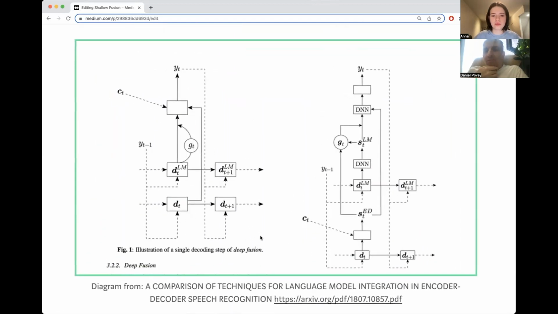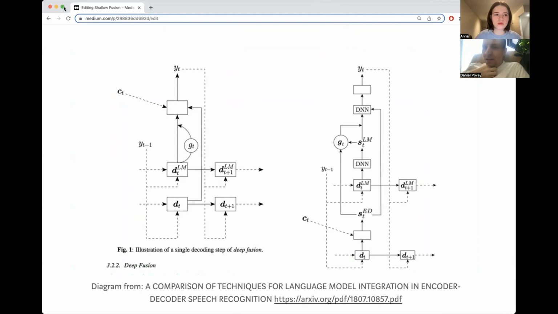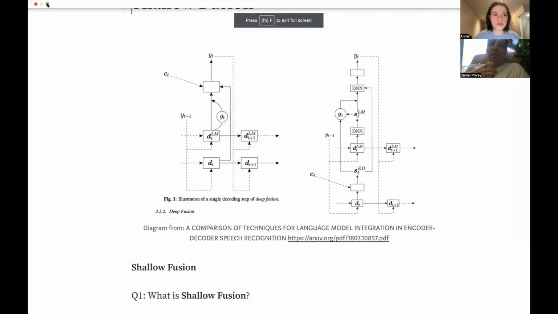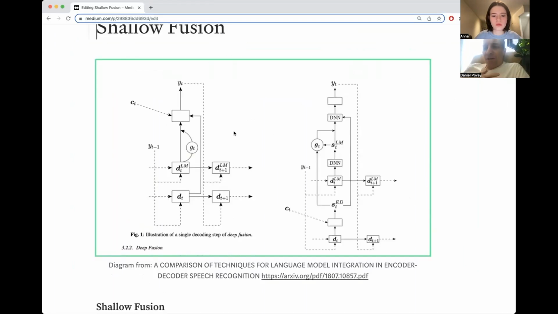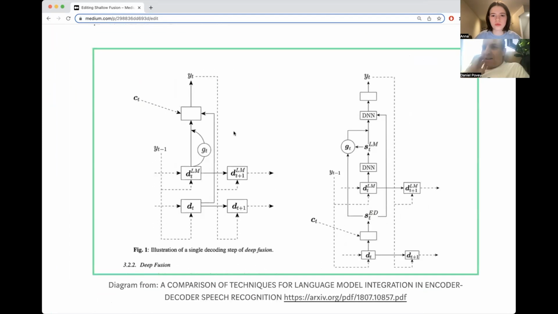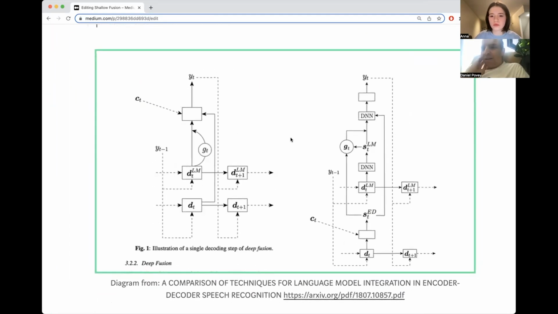Okay, well, shallow fusion is something in the context of so-called end-to-end models. Normally with these models, the output of the network is the log likelihood of basically the next token, and in a sense it already includes the language model probability.